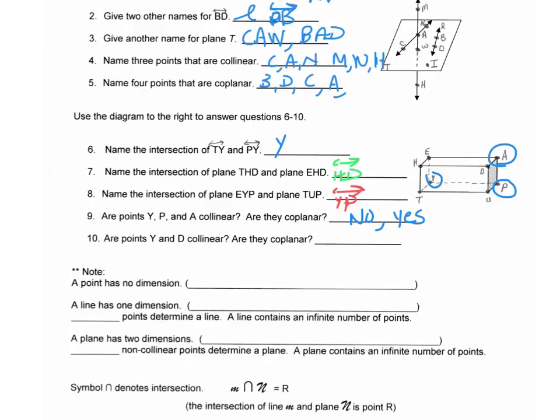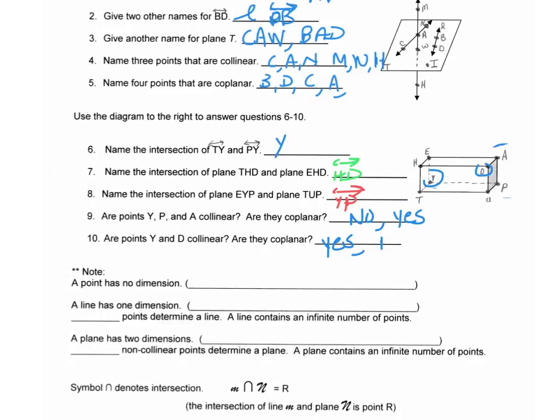Are Y and D collinear? Well, Y and D sit right here and right here. This is the weird part with that. Any 2 points make a line. If they create a line, then yes, they are collinear. They're on the same line. Any 2 points create a line. Are they coplanar? Now this one has an ambiguous kind of thing.